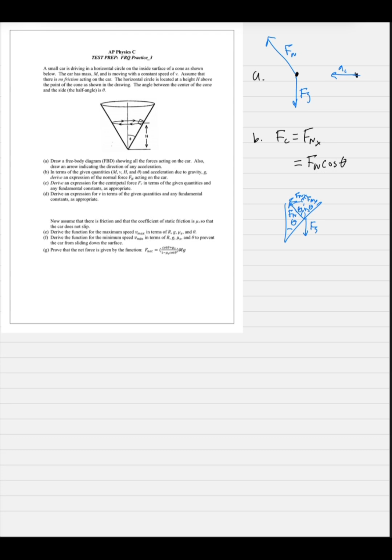This side we'll call a different theta, say theta 1, so theta 1 plus theta is equal to 90. And because it's a triangle, it has to add up to 180. So one of the angles in the triangle is already a 90. And to make this a 180, there has to be a theta on the other side. So that theta will be adjacent to Fnx and opposite to Fny.